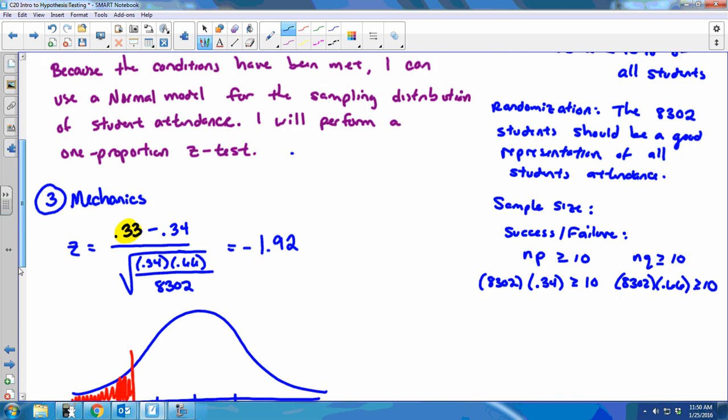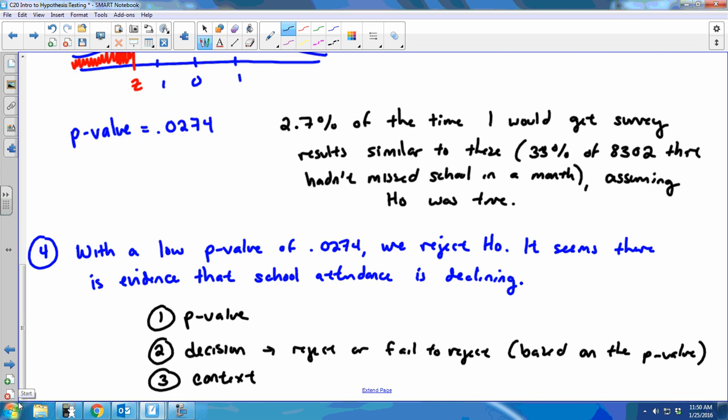Okay, there we go. All right, now, that's all the steps. That's every single hypothesis test should have all of those things. There is one more thing you could do. If it asks you to, you could. You don't have to. If you wanted to see how much school attendance was declining, you could do a confidence interval. All right, so you could go back and use the 0.33 and do a confidence interval here at the end.